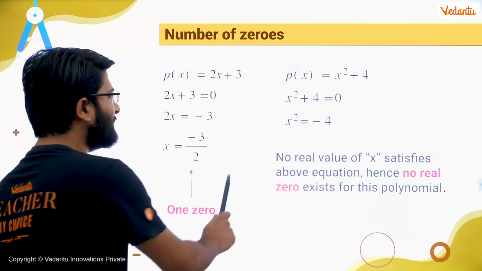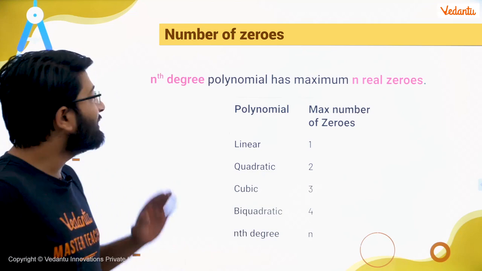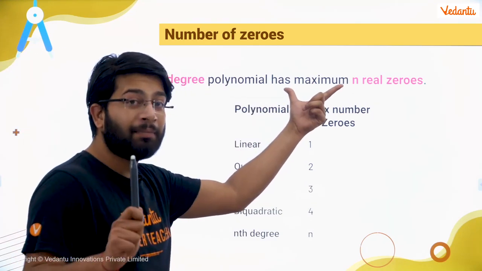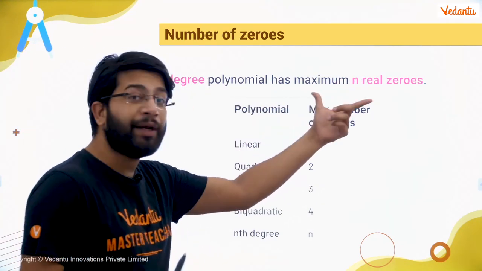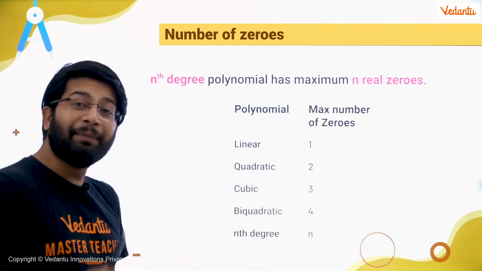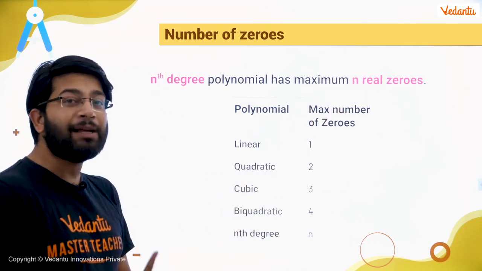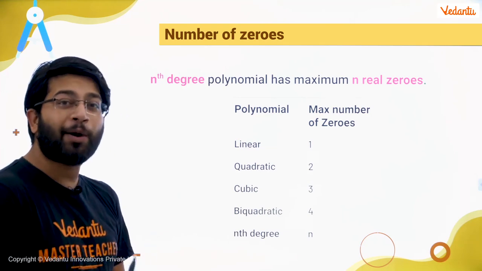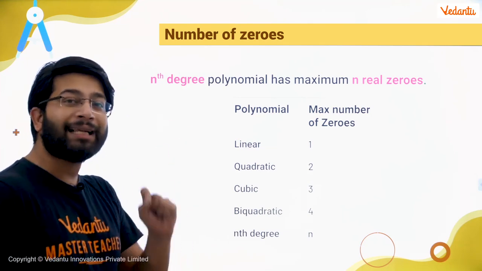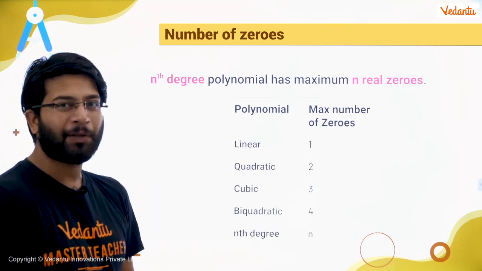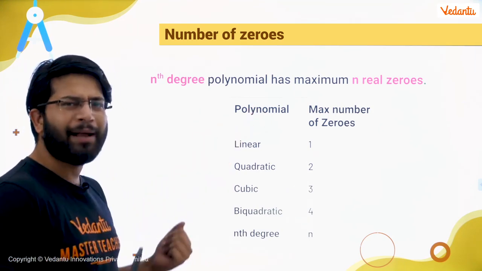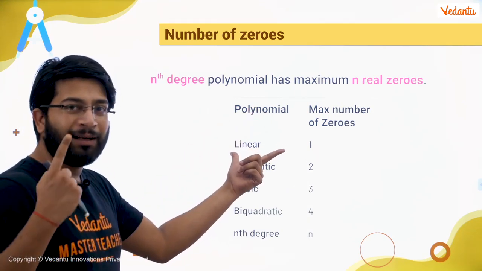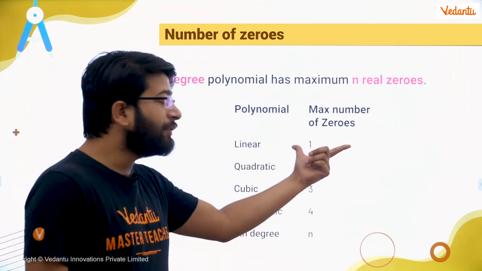So from this we can simply say that an nth degree polynomial has maximum n real zeros. That means whatever the degree of the polynomial is, that is the maximum number of real zeros that any polynomial could have. Let me show you some examples. In the case of a linear polynomial, the degree is 1, so the maximum number of zeros will be 1.